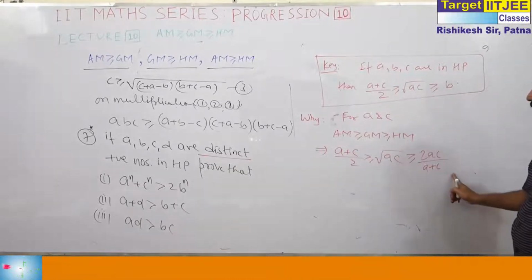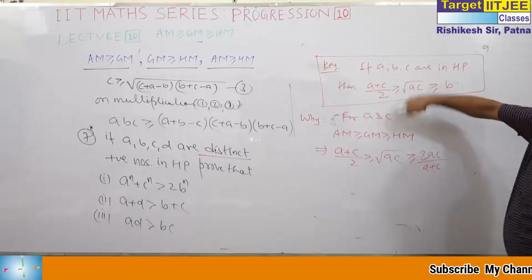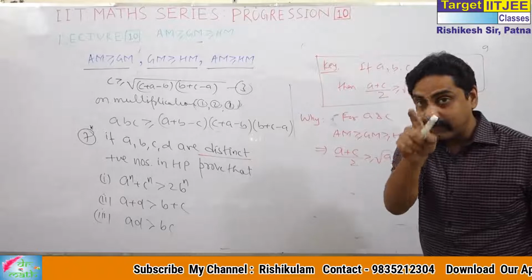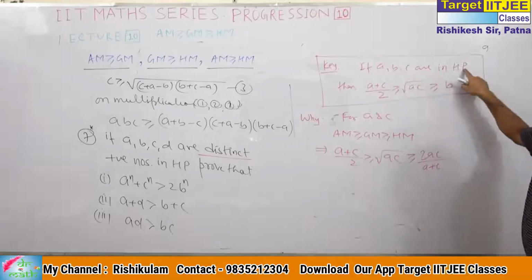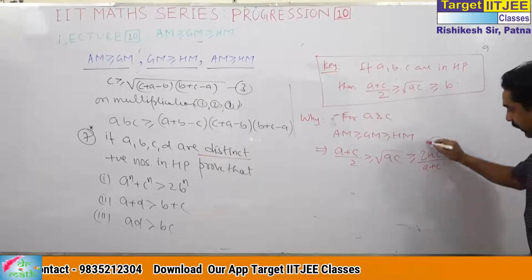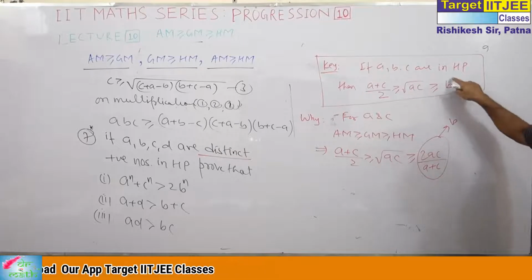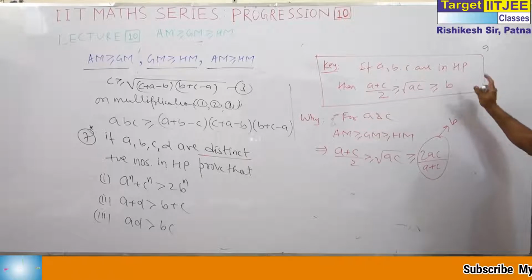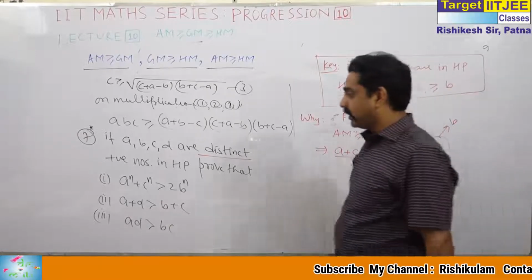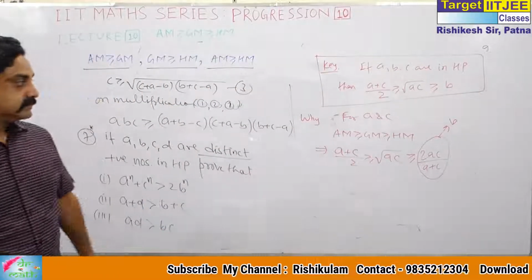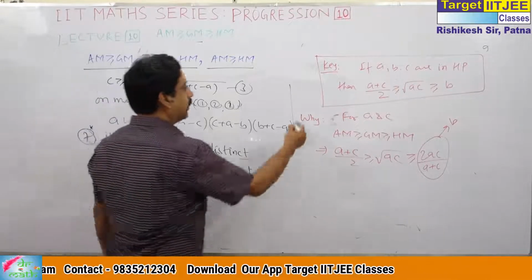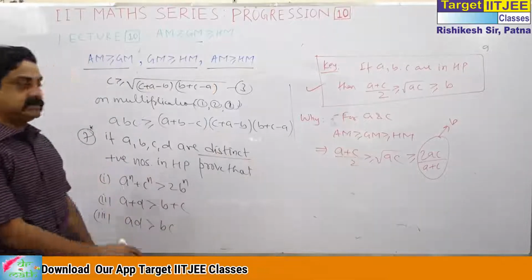This is for A and C. And when A, B, C are in HP, now listen carefully, can we replace this by B? B is equal to 2AC/(A plus C). So this is the key point of this question. You can apply this point directly in the examination.